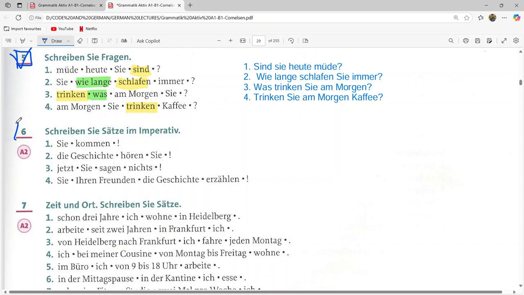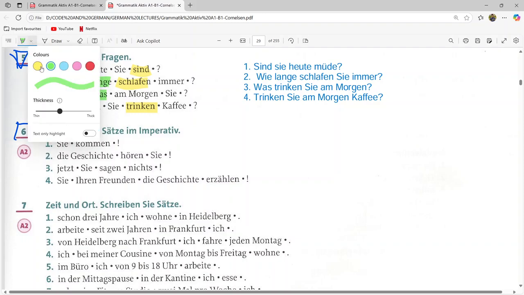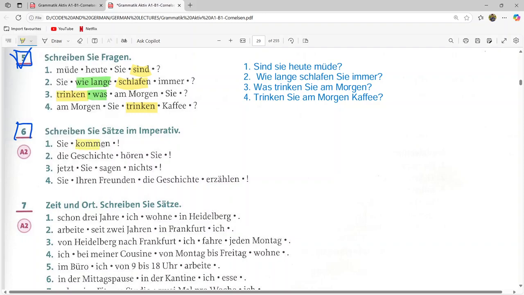Next one, schreiben Sie Sätze im Imperativ. Okay, so in the imperative the verb is always at the very first. So where are the verbs? Let us determine the verbs. Verb is kommen, verb is hören, verb is sagen, verb is erzählen. Okay, so now let us do it.